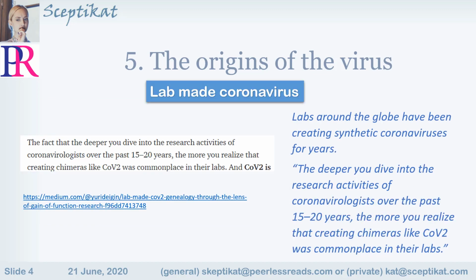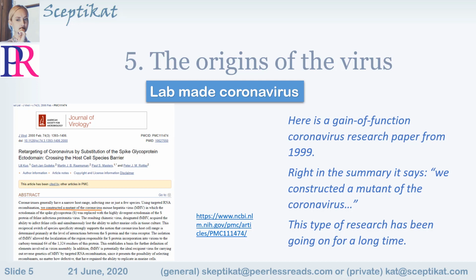Lab-made coronavirus. The deeper you dive into the research activities of coronavirologists over the past 15 to 20 years, the more you realize that creating chimeras like Cov2 was commonplace in their labs. From Medium.com: labs around the globe have been creating coronaviruses for years. Here is a gain-of-function coronavirus research paper from 1999.